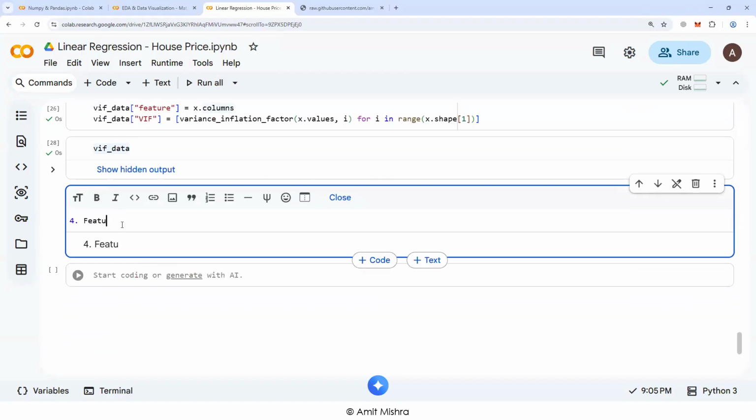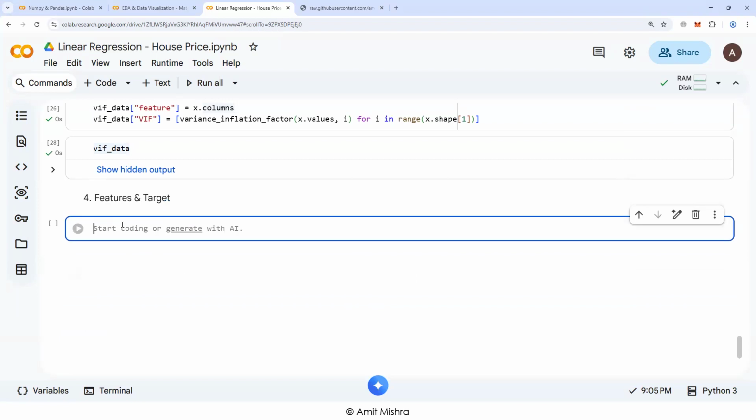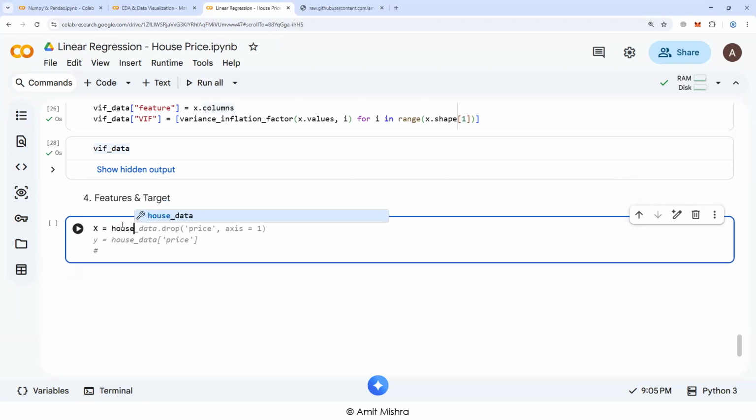Now start with my features and target value. Let's continue. X equals house price data. Let us remove all those columns which are not required.